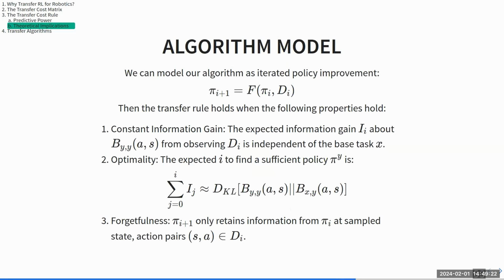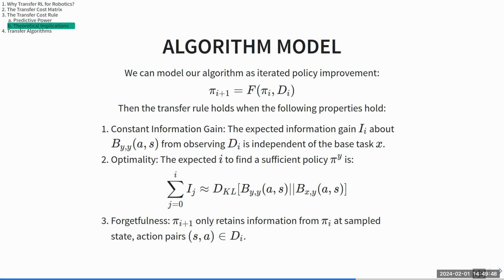Great. So fundamentally, the main reason the transfer cost rule seems to work is the assumption that we model our algorithm as just repeatedly doing improvement: we take the data batch D_i on pi_i, and we get pi_{i+1}. Somehow D_i, the data we use to do that, contains a constant amount of information at each training step, which is not what I intuited going into this.